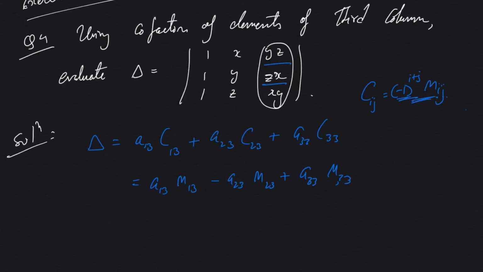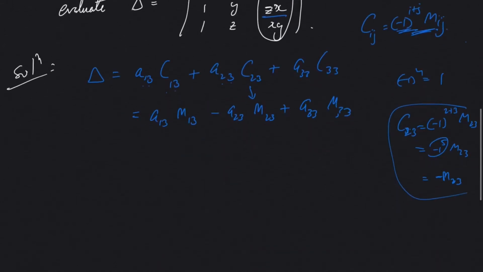So here 3 plus 1 is 4, even, so (-1) to the power 4 is positive. But here 2 plus 3 is odd. So when you convert cofactor to minor, C23 will be (-1)^(2+3) M23, that's (-1)^5 M23, so that's minus M23 because (-1)^5 is -1. And 3 plus 3 is 6.